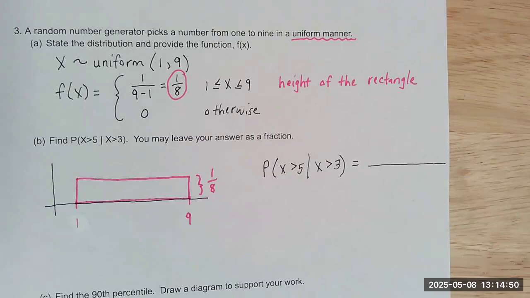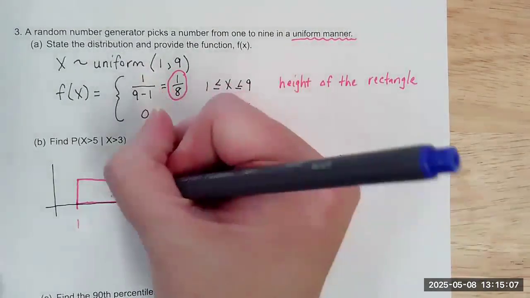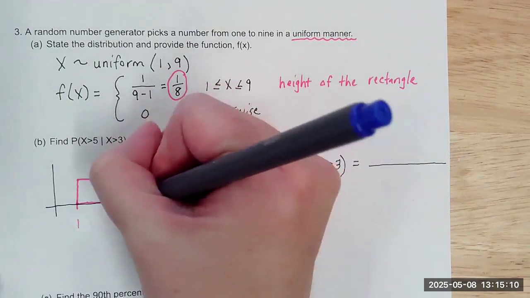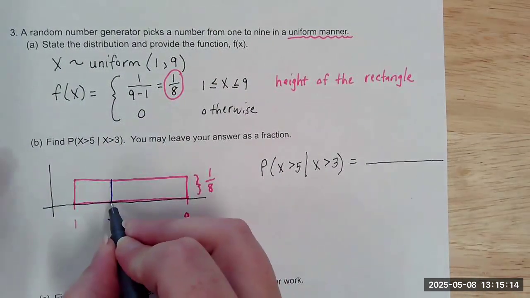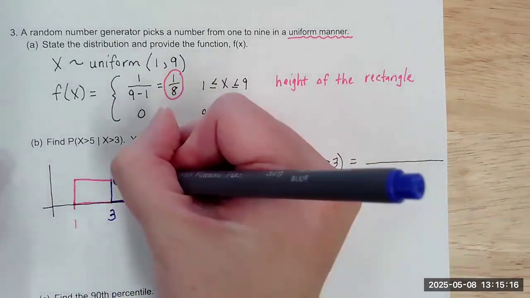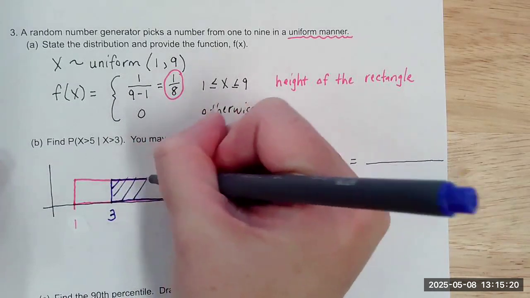The probability that x is greater than 3 came after the given bar, so that's the denominator part. So we're going to do the area of the rectangle where x is greater than 3. If that's 1 and that's 9, 3 is maybe here. I want the area of this rectangle in the denominator.